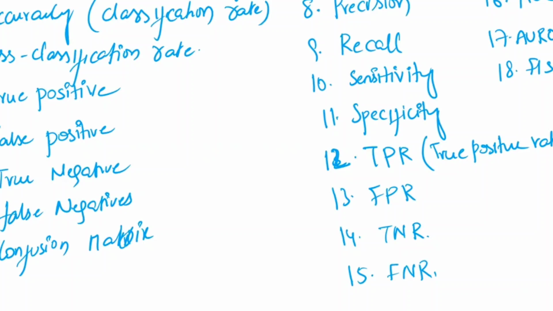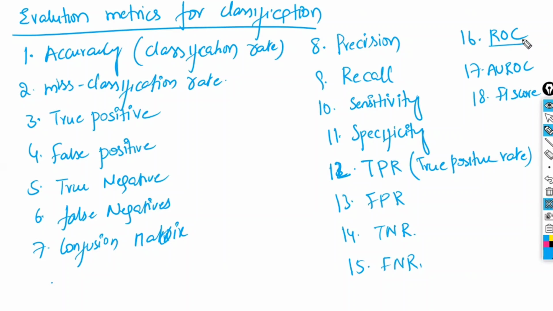Nothing tough is there. ROC, receiver operating characteristic curve. The ROC curve is drawn based on TPR versus FPR. What is that? All these things you'll understand.